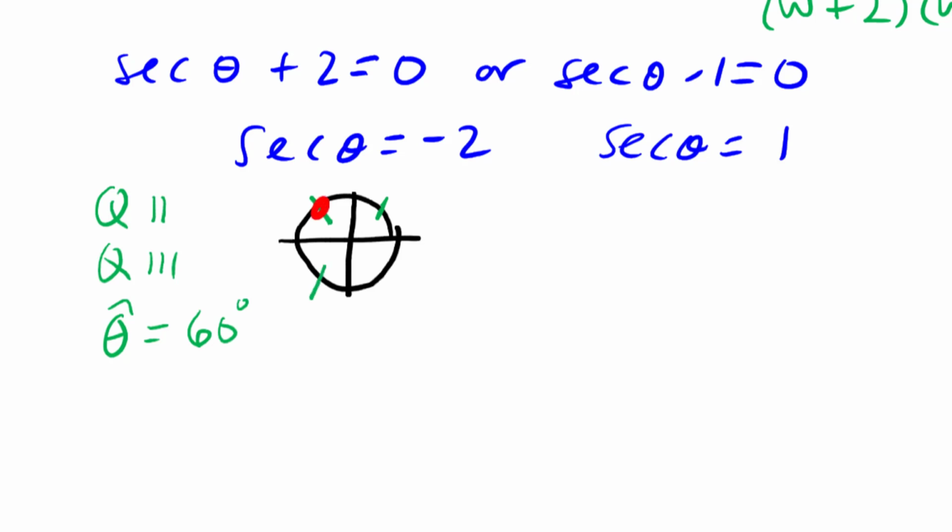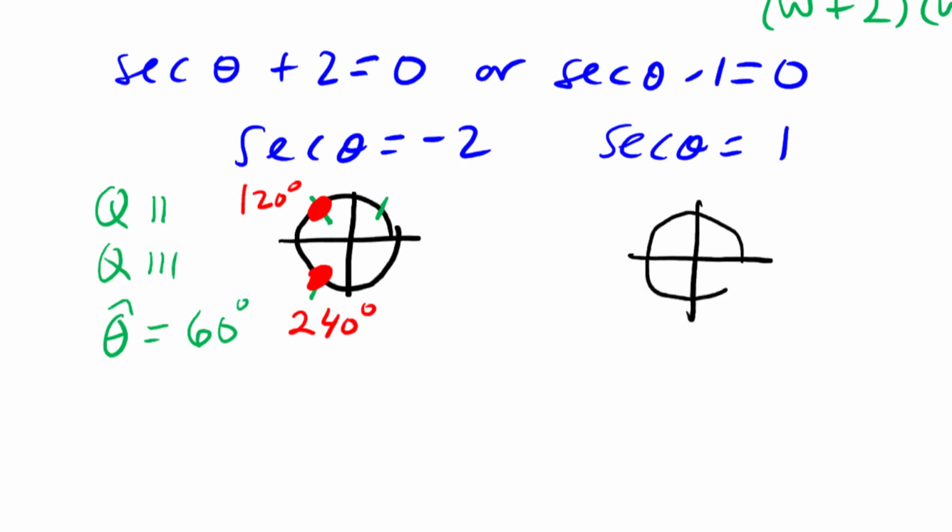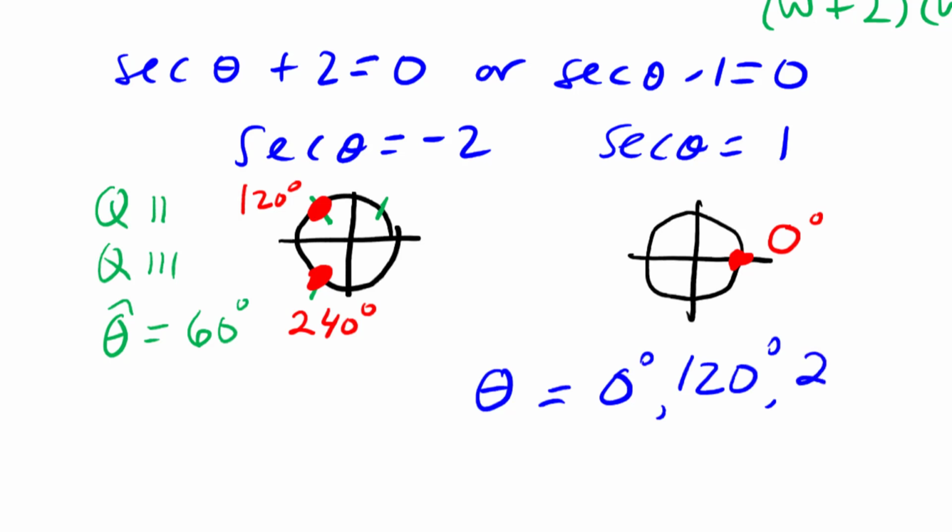In quadrant 2, that's 120 degrees, and in quadrant 3, it's 240 degrees. For the second, where secant theta is equal to 1, that happens only at 0 degrees. So we have three solutions: 0 degrees, 120 degrees, and 240 degrees.